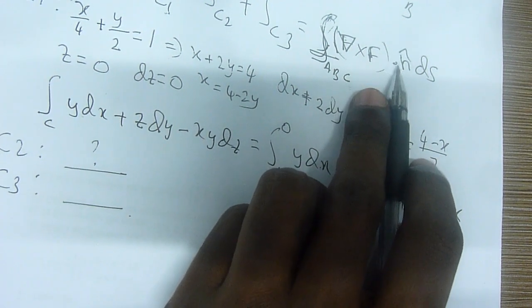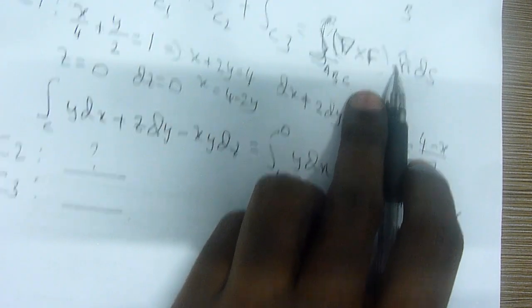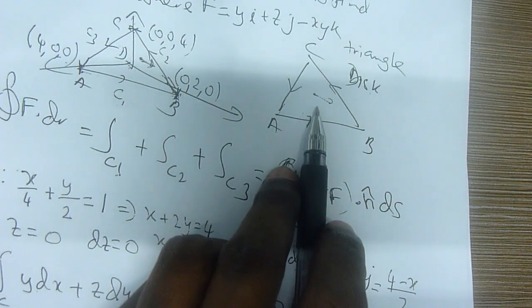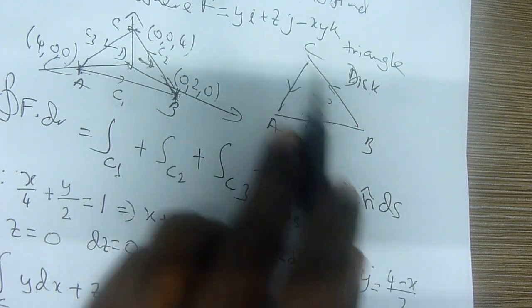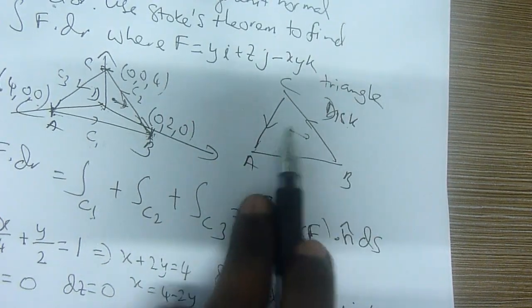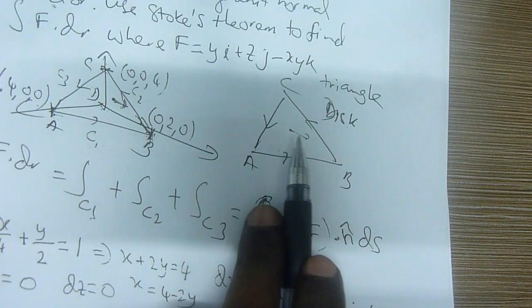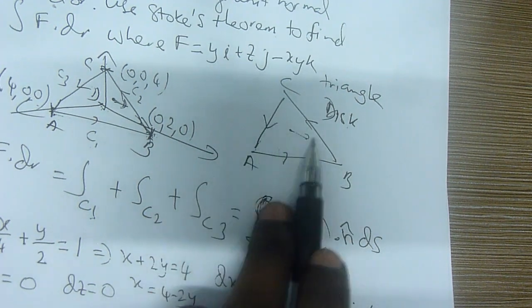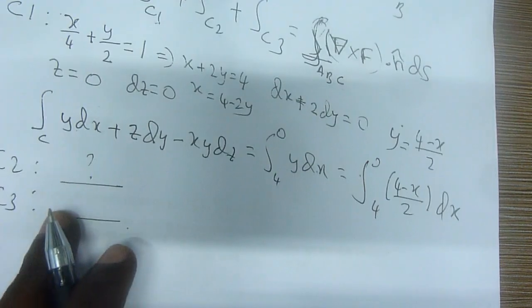Let us check. When you calculate, remember, in this particular case the surface is not smooth. The normal is not smooth, therefore you cannot simply say it's a K or what. We cannot conclude. Now let us proceed.